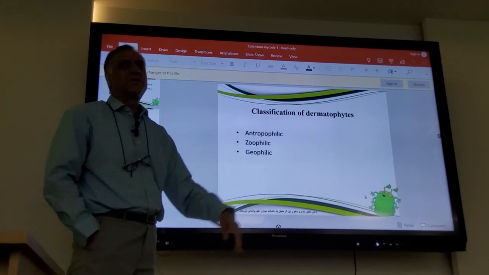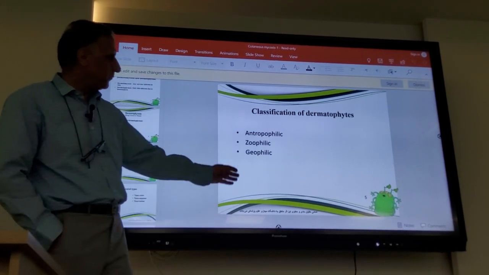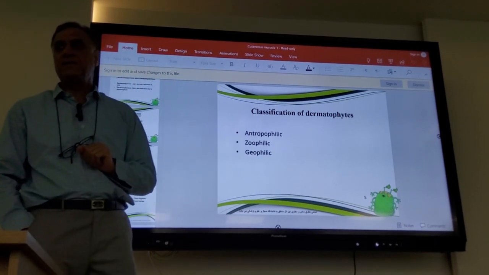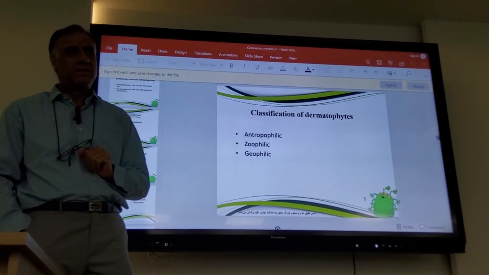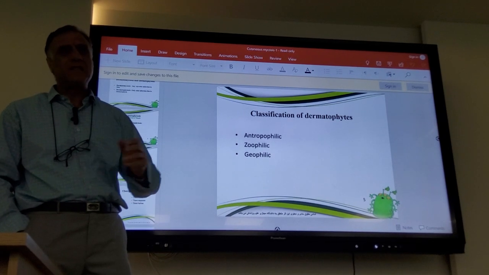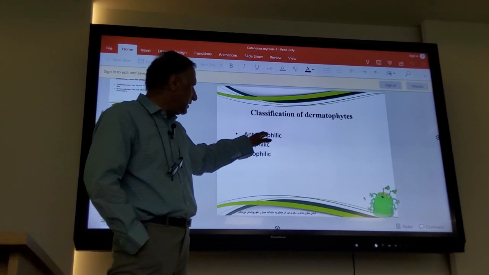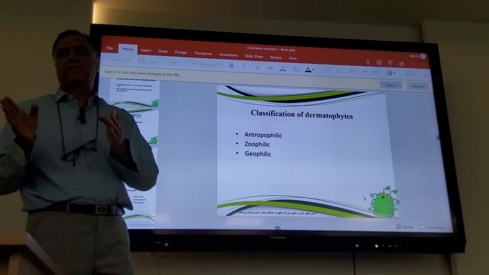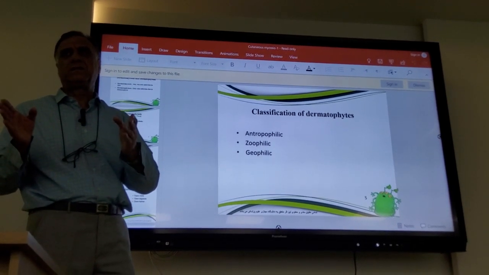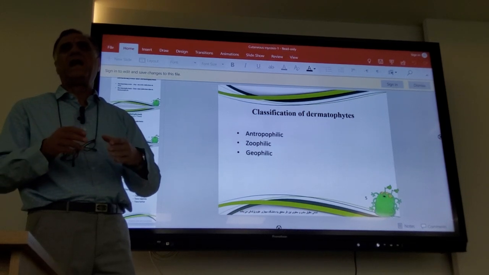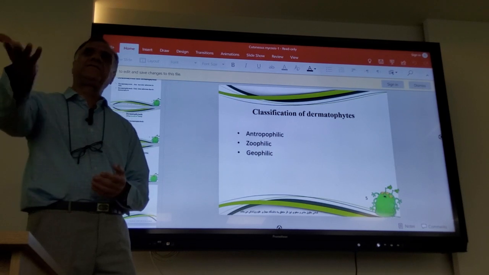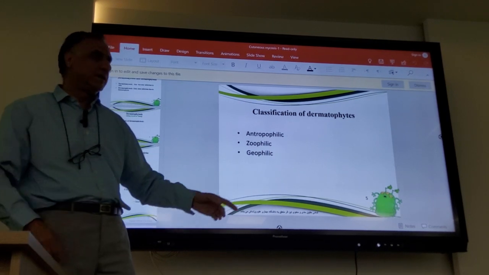They have three sources. Anthropophilic source means human source: some person has this fungus in the skin and transfers it to another person.